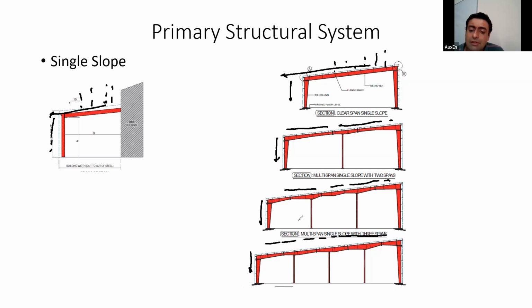When you don't, let us say, want water drainage in both directions, you want water drainage to happen primarily in one direction, then you go for monoslopes or single slopes. So that is the deciding criteria generally. Are we clear? Hello?